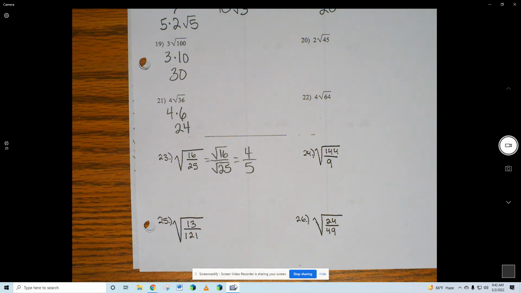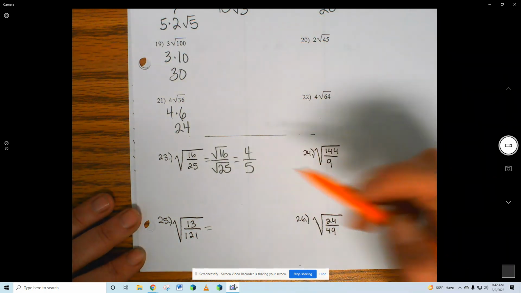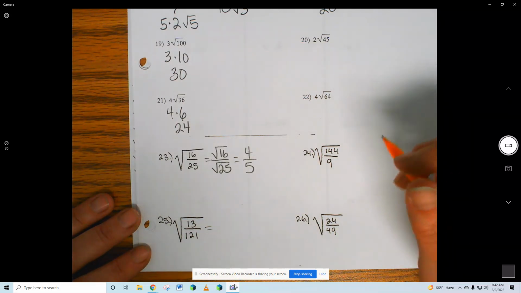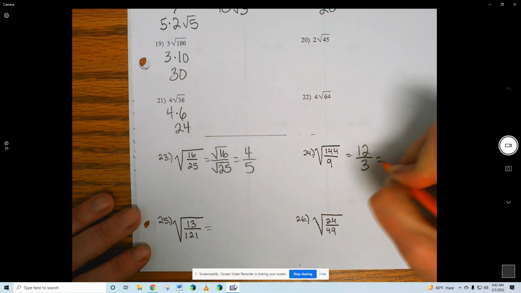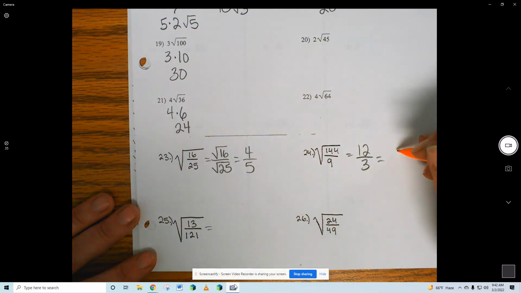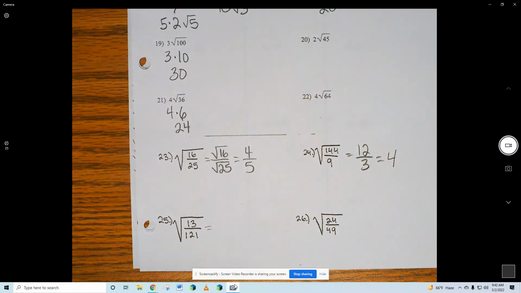If it's an improper fraction, you don't have to make it a mixed number, like 24. You just leave 12 over 3. You can reduce it though, because 3 goes in perfectly. So I'll just make it 4. Look at all these problems I'm doing for you. Let's get it done, right?